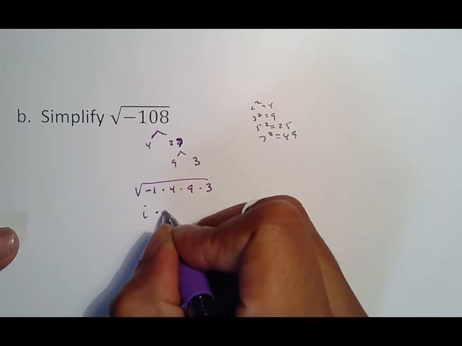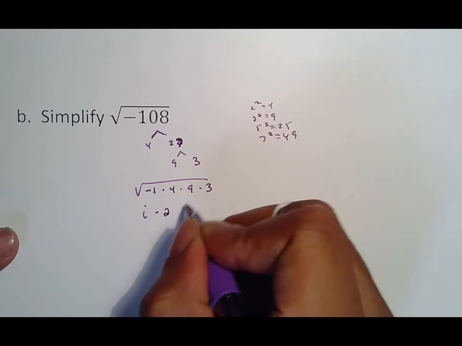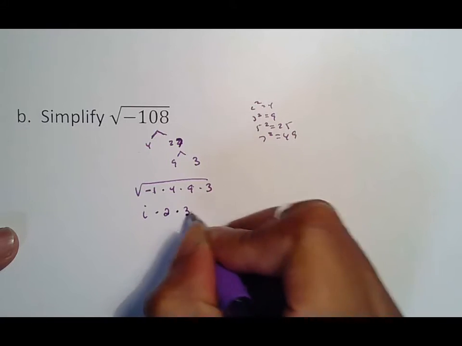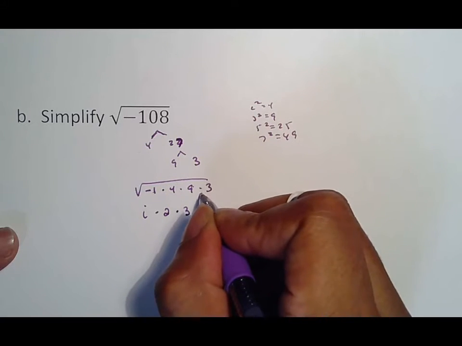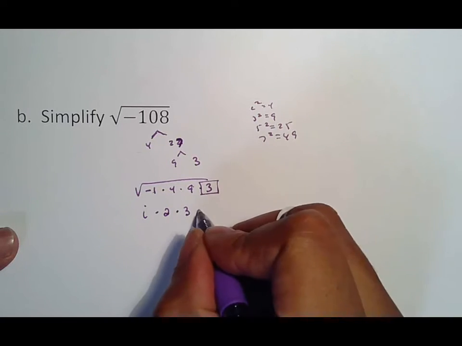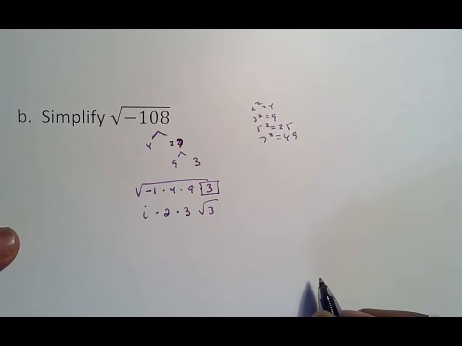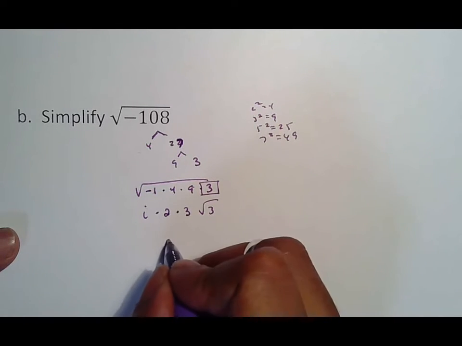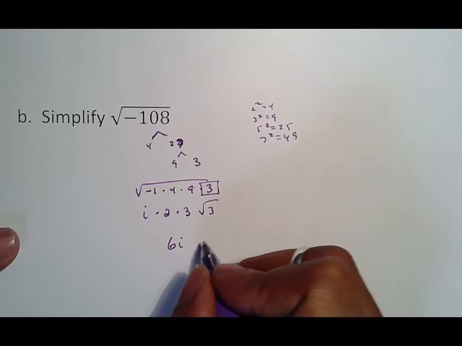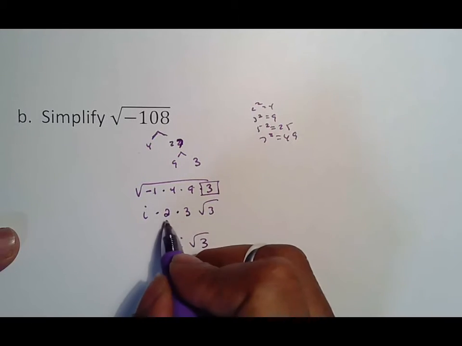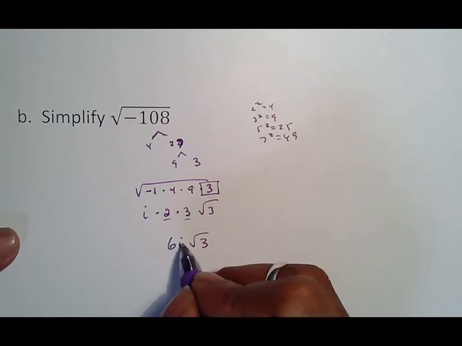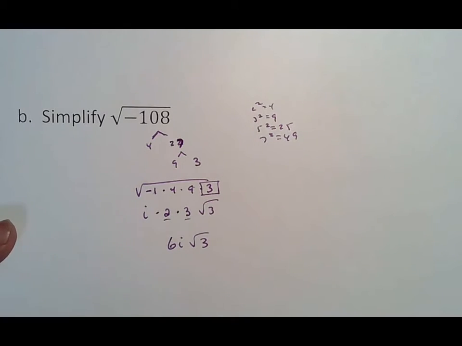This is going to come out as a 2, because the square root of 4 is 2. This is going to come out as a 3, and that 3 has to stay in because it's not a perfect number. In the end, 2 times 3 is 6i root 3. Again, 2 times 3, 6. The i is out there. The root 3 stays on the inside, and that's what you're looking at.